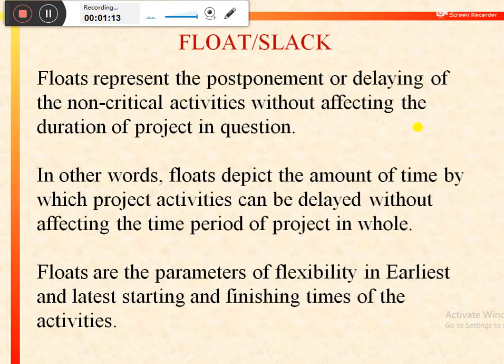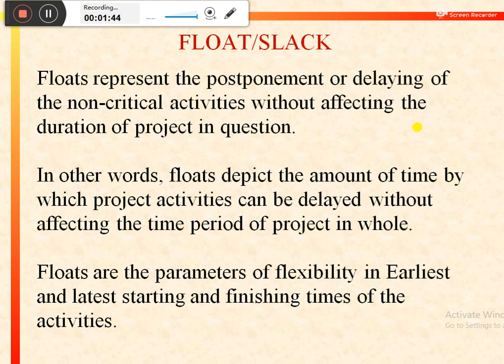First of all, we need to understand the concept or meaning of the float or slack. Basically, floats represent the postponement or delaying of the non-critical activities without affecting the duration of the project in question. In other words, we can say that floats depict the amount of time by which project activities can be delayed without affecting the time period of the project or the duration of the project.